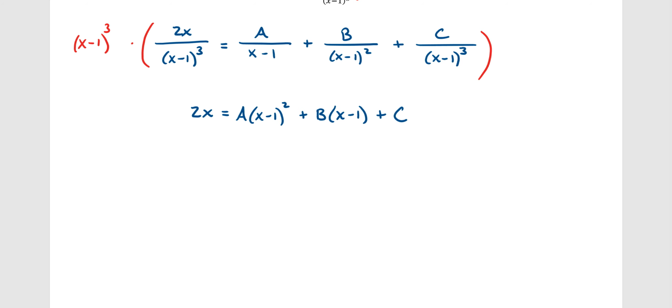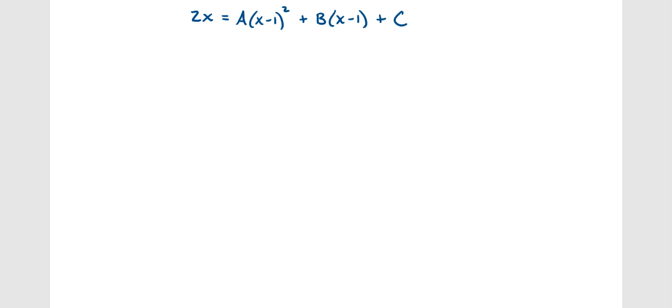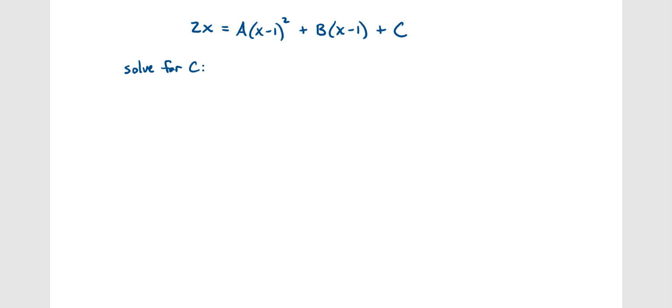So now we need to find A, B, and C. And it's going to be easiest to solve for C first. That is because if we let x equal positive 1, then we'll notice that the A and B terms both completely cancel because 1 minus 1 is 0. Okay, so let's plug in a 1.